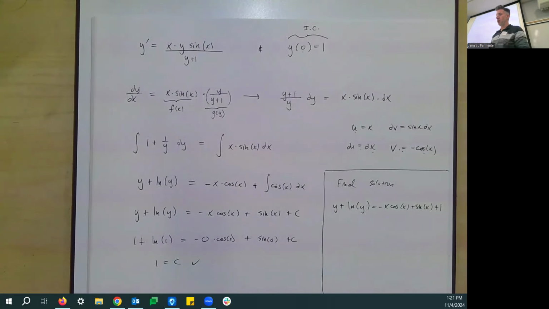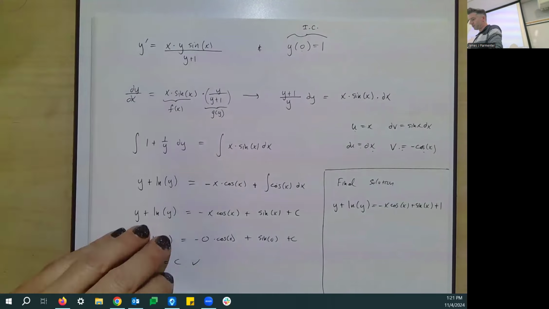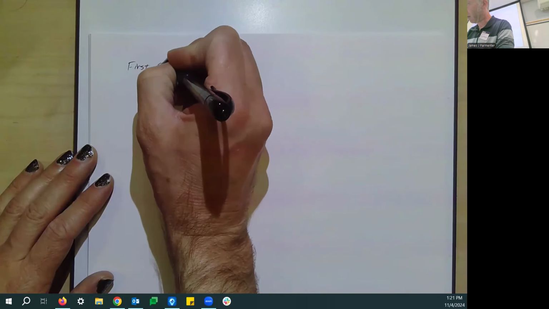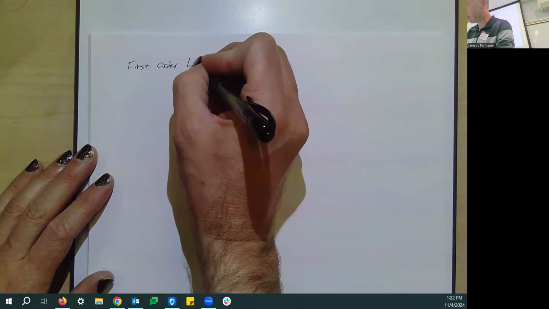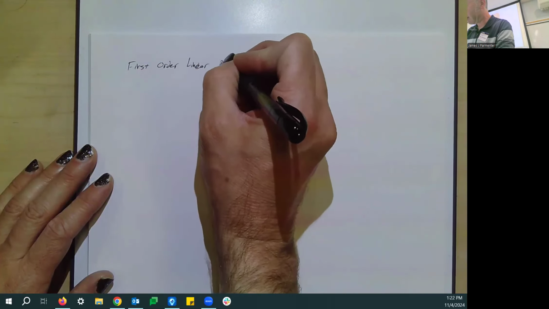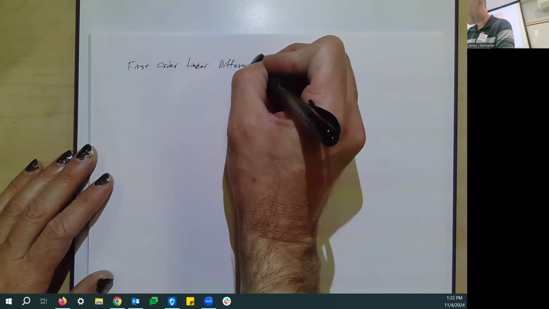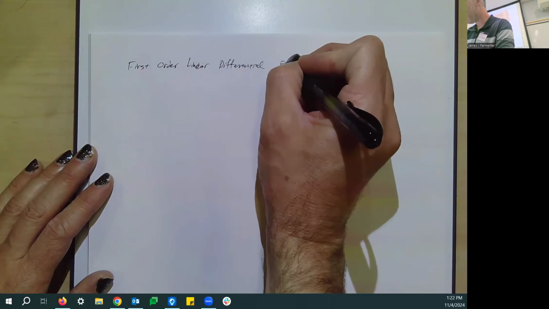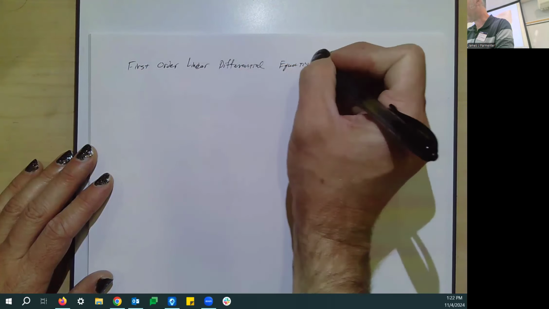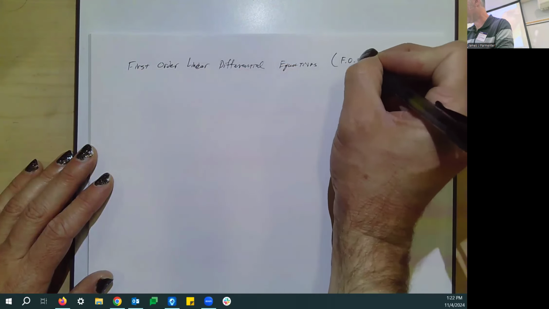Let's talk about the general idea here. First order linear differential equations, which we are going to abbreviate because it's too much to write, often abbreviated as FOLD.